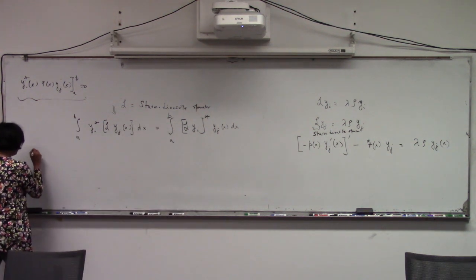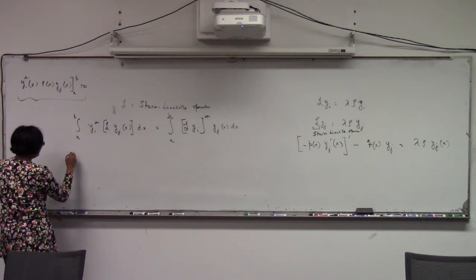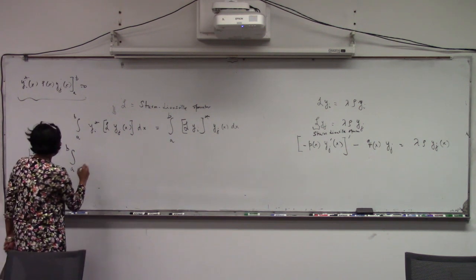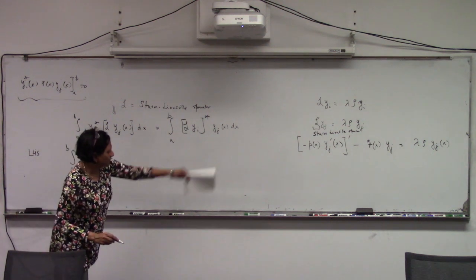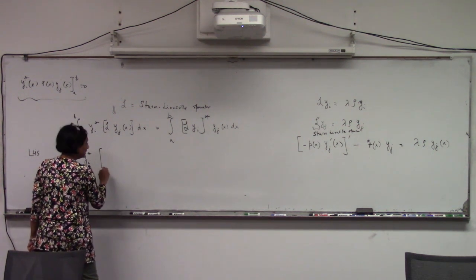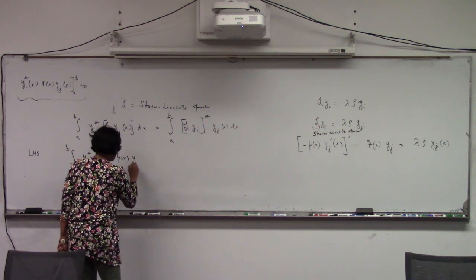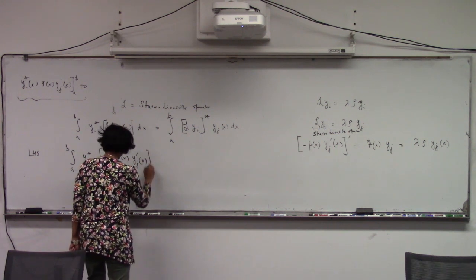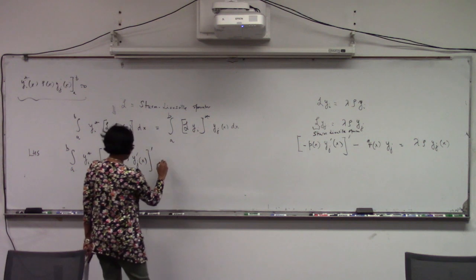The left hand side is then the integral a to b of y_i conjugate, and I take negative derivative of p of x y_j prime of x.